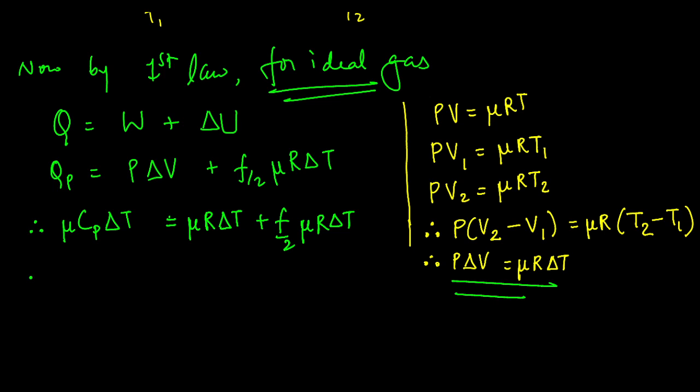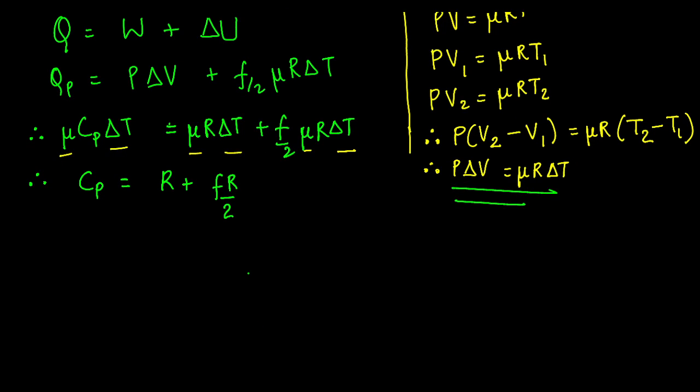Now what's cancelled? Well, Cp, mu cancelled. I hope everyone sees that. Delta T cancelled, and that's it. Yeah, so Cp equal to R plus F R by 2.